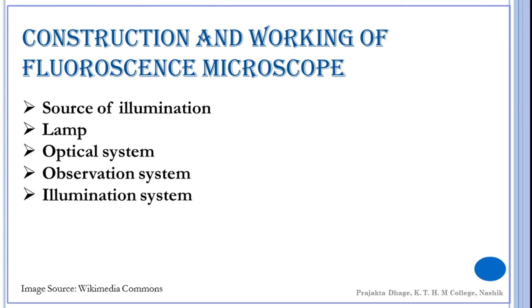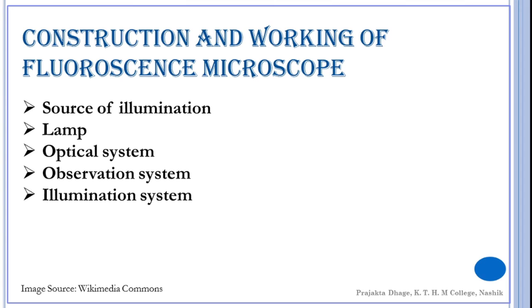Each of the three methods of illumination has its own advantages and disadvantages. But a fluorescent microscope of good quality has provision for both dark ground illumination and epi illumination of the objects.